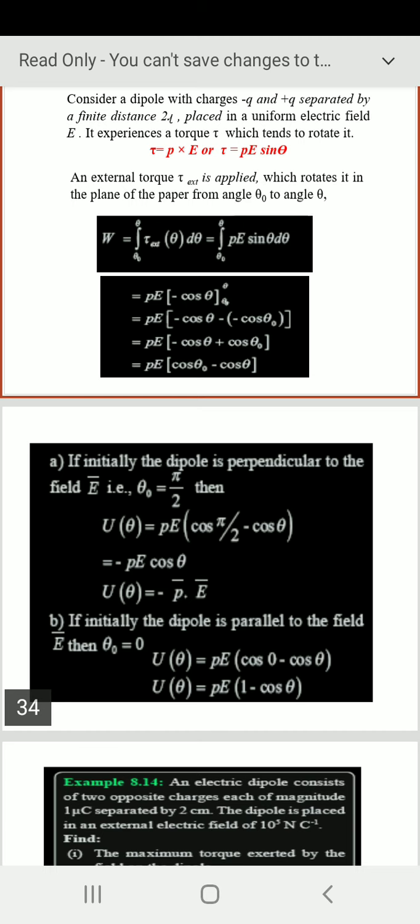So the second term is minus of minus, so it becomes plus, and the first term as it is, minus cos theta. So we have PE into cos theta 0 minus cos theta. This is our work done in rotating the dipole in the plane from angle theta 0 to theta.